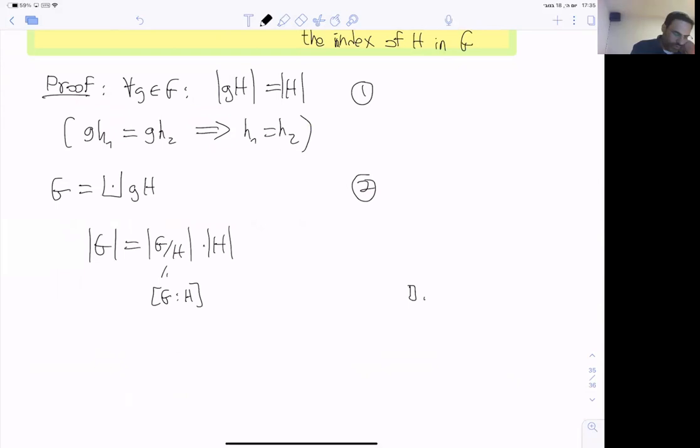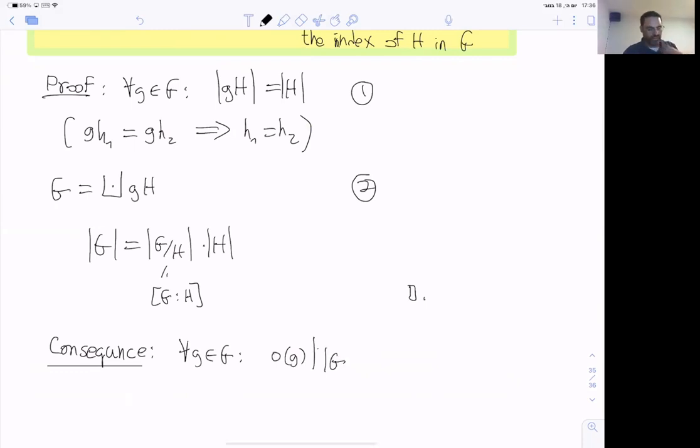So one immediate consequence is that for any element in G, its order divides the order of G. Why is it true?